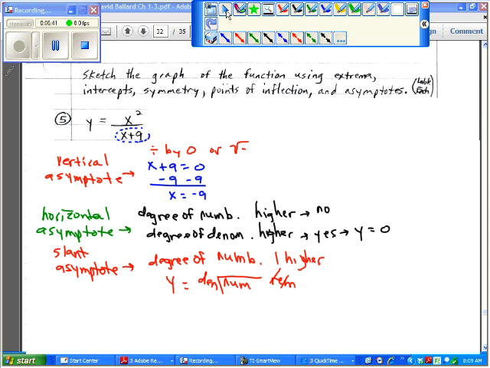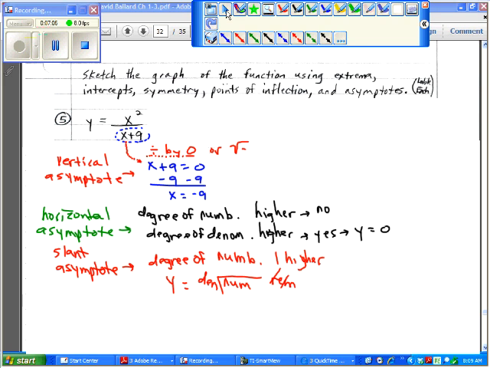Not necessarily a vertical asymptote. So we're going to be focusing on a division by 0 error to find a vertical asymptote. A division by 0 error would happen when the denominator becomes 0. So we set the denominator equal to 0, and we find the equation for the vertical asymptote.